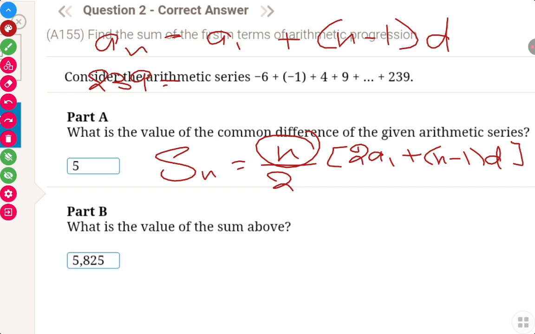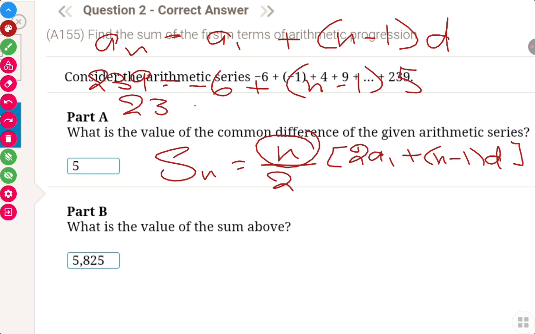So 239 is equal to a1, which is the first term, negative 6, plus n, which we're trying to find, minus 1 times d, which is the common difference, which we found in part A is 5.